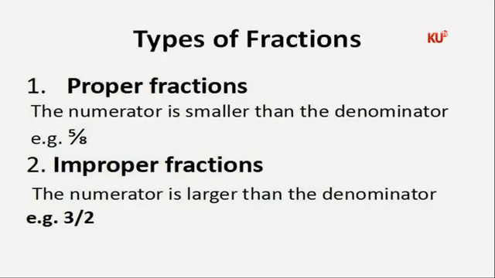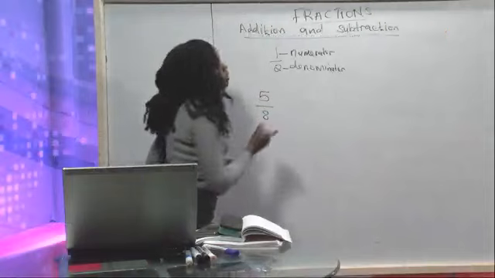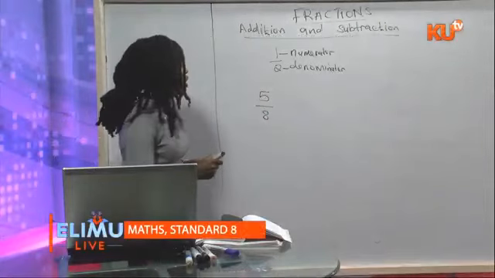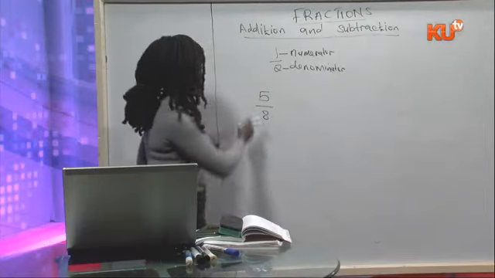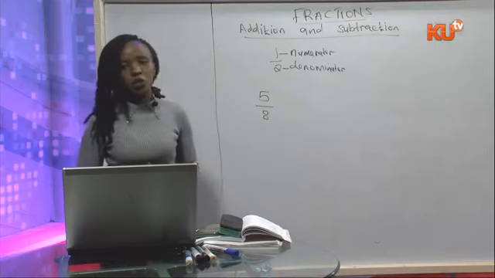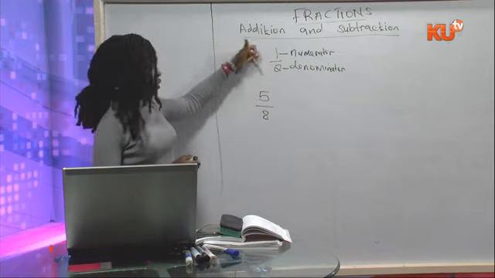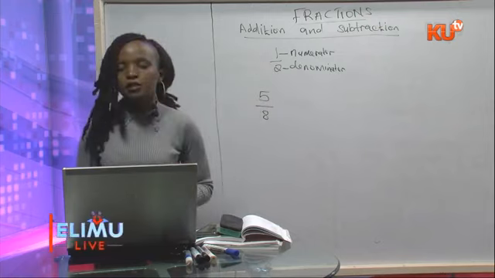For example, if I have 5/8 as my fraction, it is an example of a proper fraction. If you look at the numerator, it is smaller than the denominator. If I talk of a half, it's also a proper fraction because the numerator is smaller than the denominator.